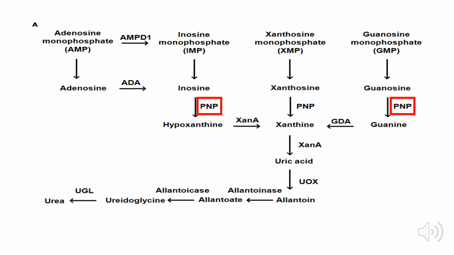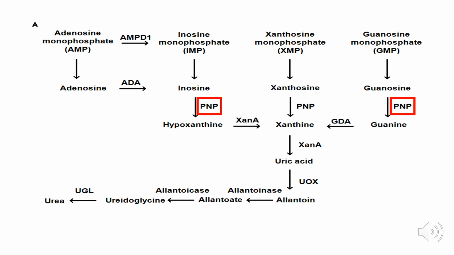Take a look at these biochemical reactions. The DNA metabolites that are eliminated by the enzyme purine nucleoside phosphorylase are inosine and guanosine. Please recall that inosine is derived from the adenosine, which is a part of the nucleotides of DNA. And this adenosine is converted to inosine by the enzyme adenosine deaminase, which is absent in Swiss type SCID, right?